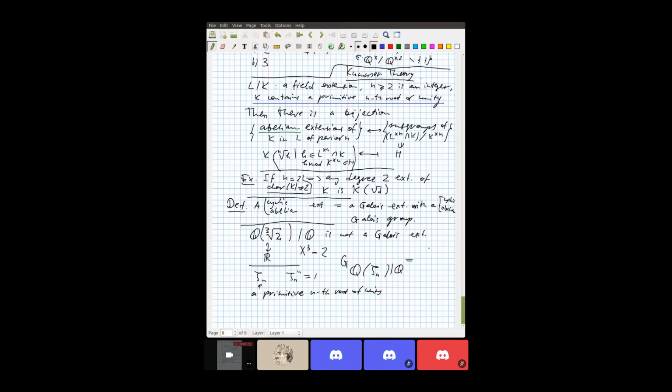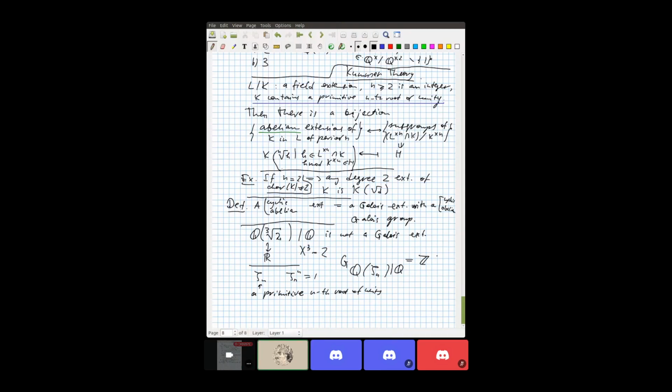Integers modulo n? Not really, because, for instance, if n is 2, then this is just minus 1, so the group is trivial. So it cannot be Z mod n.